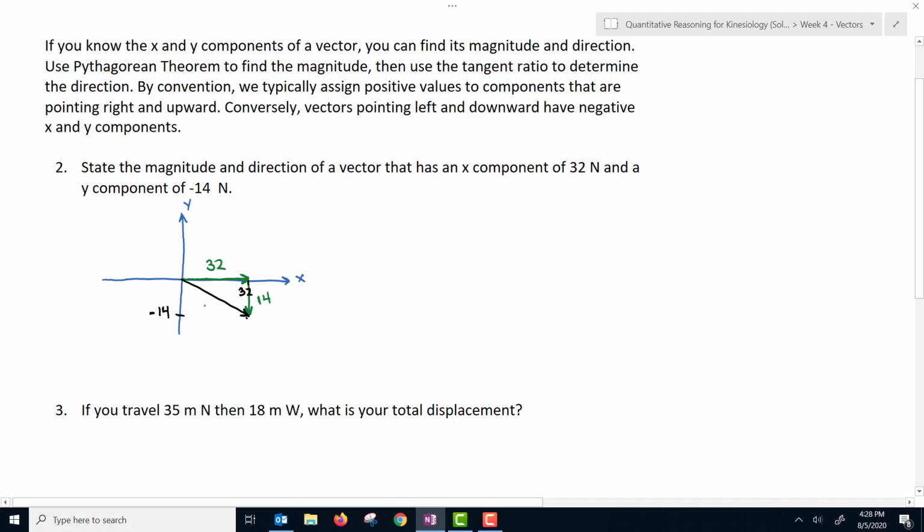Okay, so I'll just call it, it's 32 newtons, so I'm going to call it force because N is a unit of force. So this is my force vector. When I'm looking for the magnitude of it, I'm going to use Pythagorean Theorem. So if you remember from before, Pythagorean theorem is a squared plus b squared equals c squared.